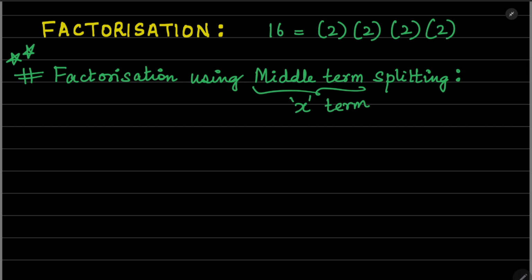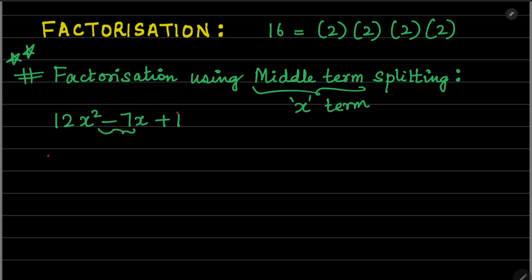Let's take an example and I'll show you how to do factorization using middle term splitting. Let the question be 12x square minus 7x plus 1. So minus 7x is the middle term. Always make sure you bring it to the form x square and then constant.